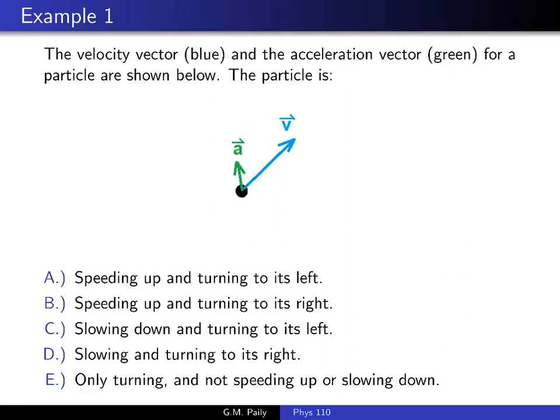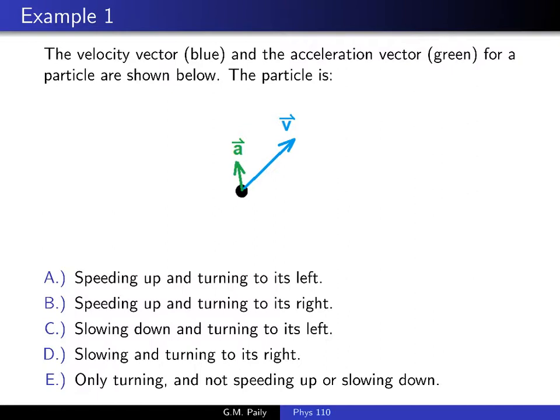Is it speeding up and turning to its left, speeding up and turning to its right, slowing down and turning to its left, slowing and turning to its right, or only turning and not speeding up or slowing down? Pause the video and try and answer the question by yourself. We will now discuss the answer.